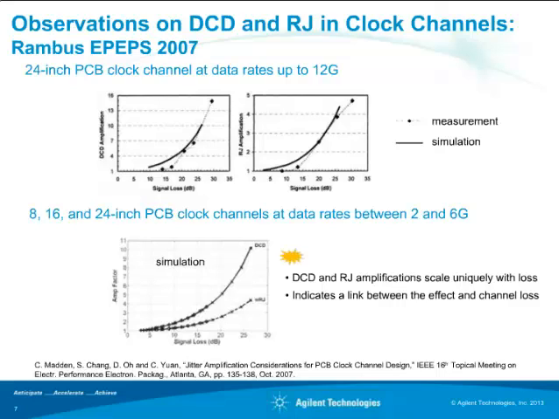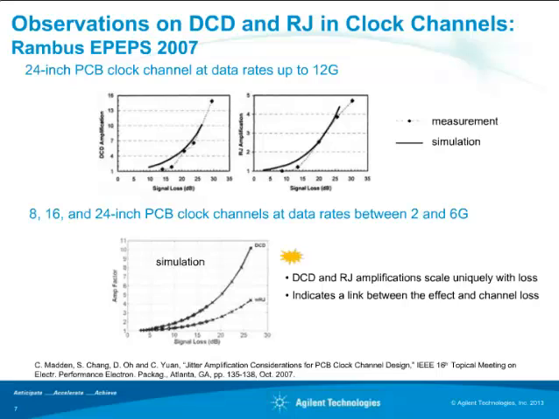Both amplifications increase with the signal loss. Interestingly, in this paper, the amplification results in 3 different channels, with 16 and 24-inch PCB clock channels, each at different data rates between 2 and 6 gig, are plotted against the signal loss.